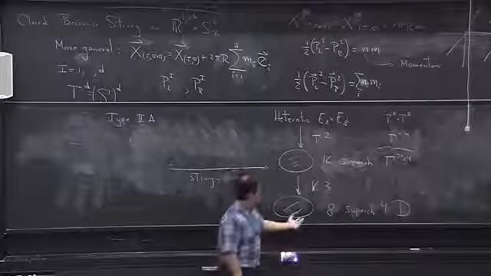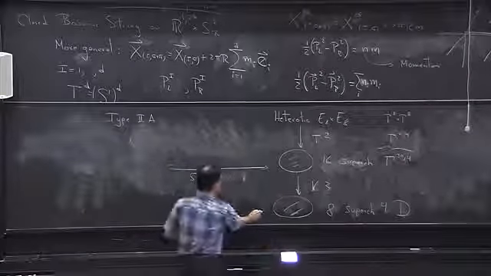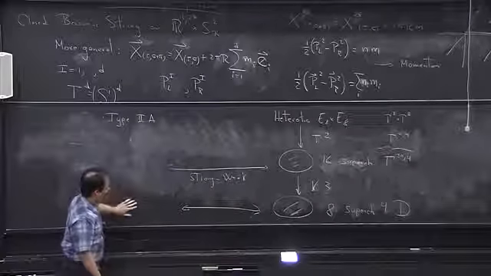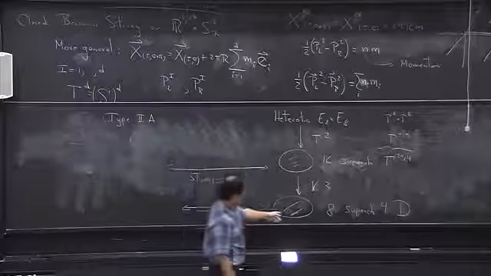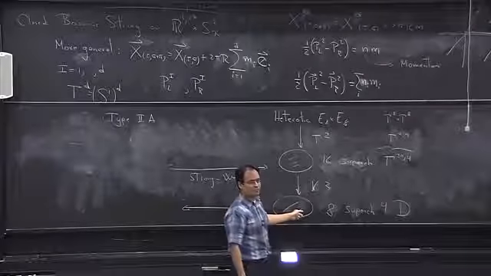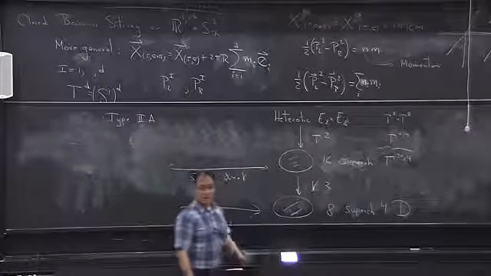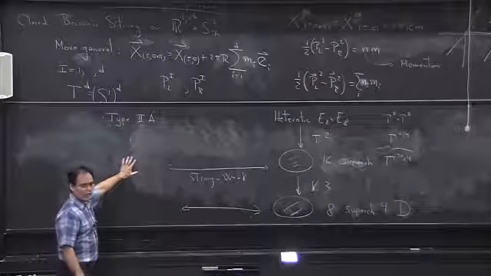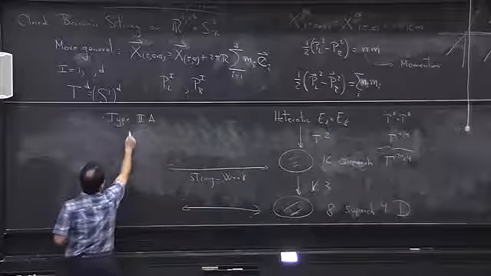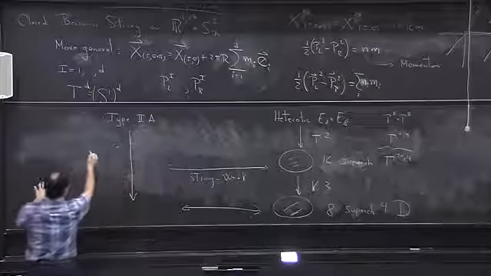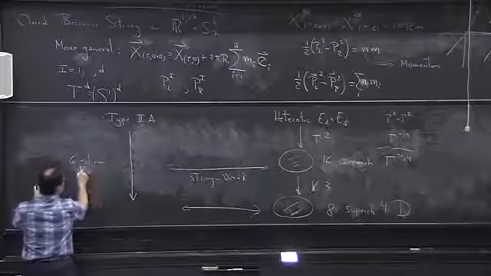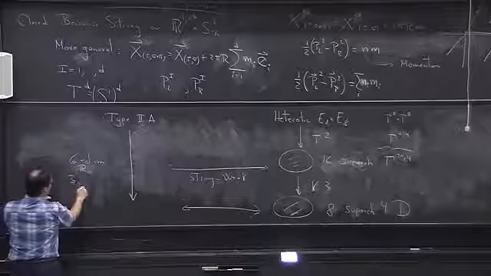But still, you can go back and play the game and say, well, is there a way of getting from type 2A something that will be the strong-weak dual of this theory? That would be interesting. If there is such a thing, whatever mysterious object it is, it would allow us to go down 6 dimensions, 6 real dimensions, or 3 complex.